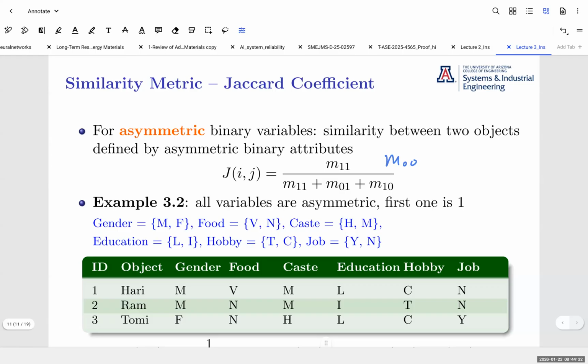Only the same positive result is considered for the numerator. We don't consider the M00, which means two data objects share the same negative result. We don't care because it is not important, right? This is Jaccard. So we look at this example.